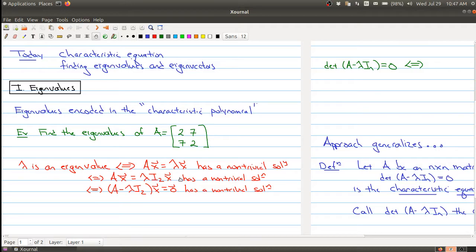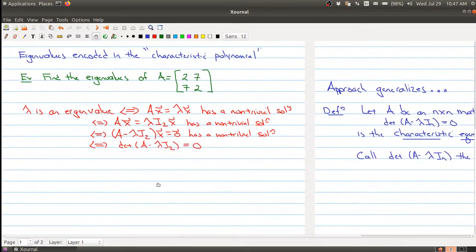One way to get at that information, without finding which variables are free, is to use the determinant. So this will happen if and only if the determinant of this matrix is equal to 0. Okay, so let's put this observation into practice.